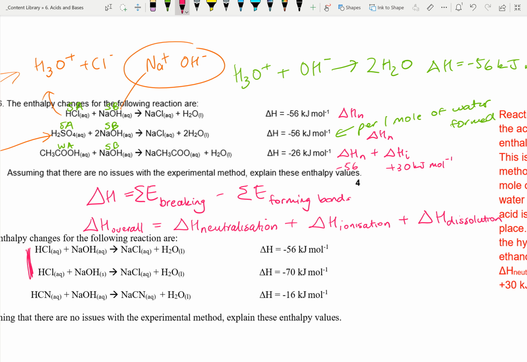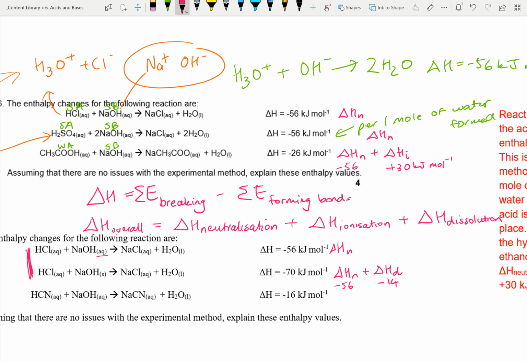The only difference between reaction 1 and 2 is the fact that sodium hydroxide is a solid and that one's in aqueous form. So this is the change in H of neutralization. That's why it's -56. This is the change in H of neutralization plus the change in H of dissolution, which I'm just going to write D. So I've got to worry about the energy change of dissolving. And so you know that's negative 56, so you infer that that one's negative 14.